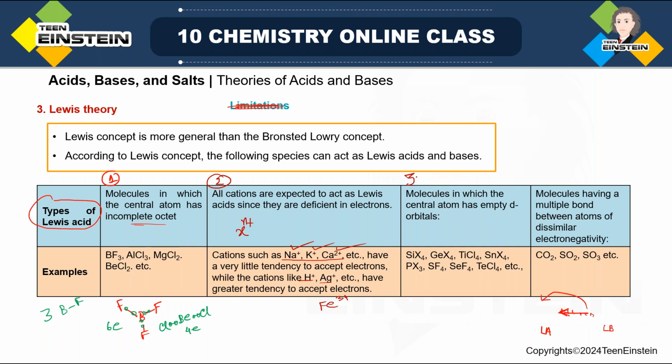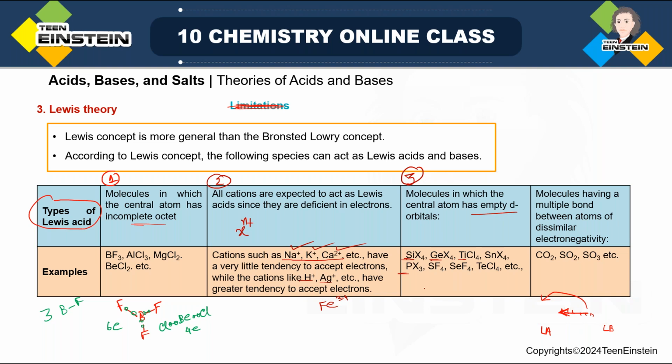Now the third type is molecules in which the central atom has an empty d orbital present. In the example section, the central atoms are silicon, germanium, titanium and phosphorus. All these central atoms are from the third period.